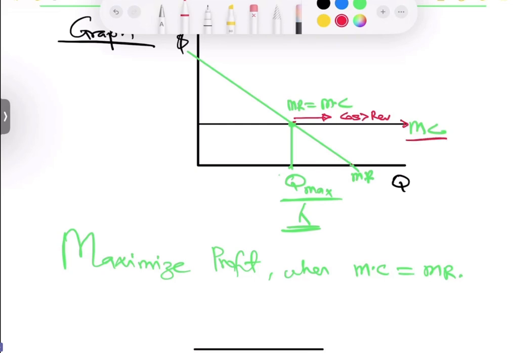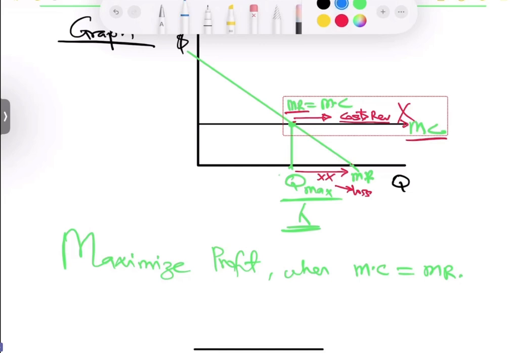Marginal cost is the extra cost. Marginal revenue is the extra revenue. So any point beyond this point to the right, your cost is more than the revenue. So you can't produce more quantity. Any quantity more than this quantity is no, because you will make a loss.